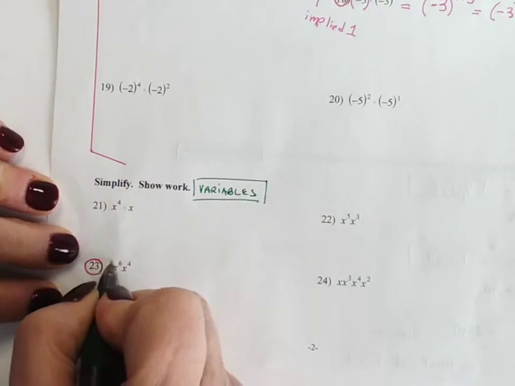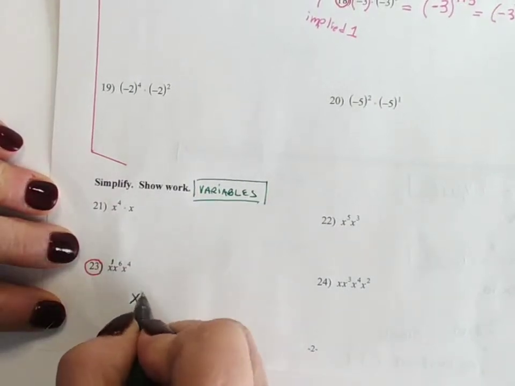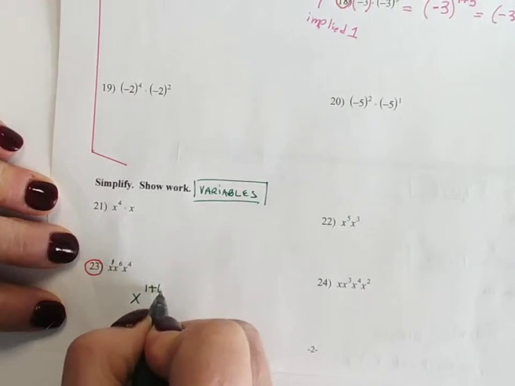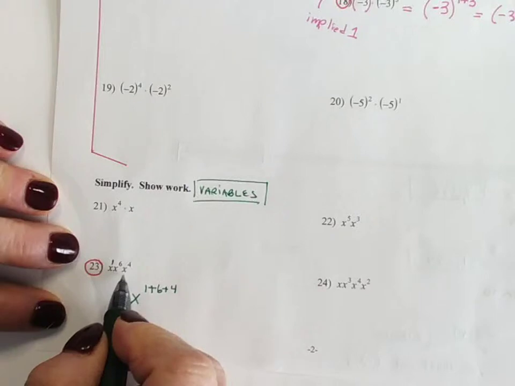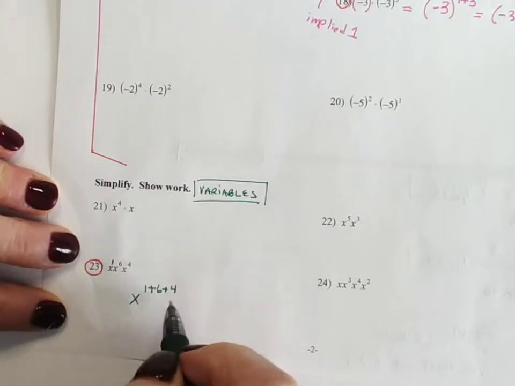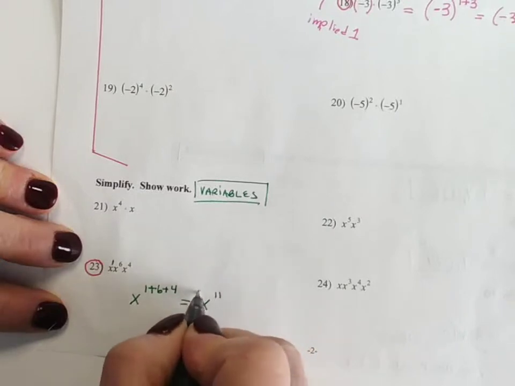So the work, there's an implied 1 there. So it's x, 1 plus 6 plus 4. We have the same base. We're multiplying. We add the exponents, and we get x to the 11th.